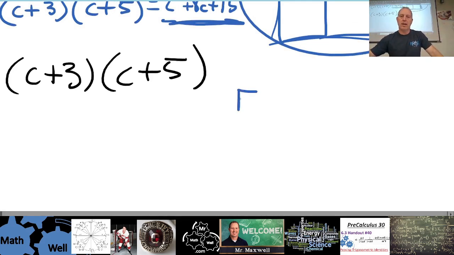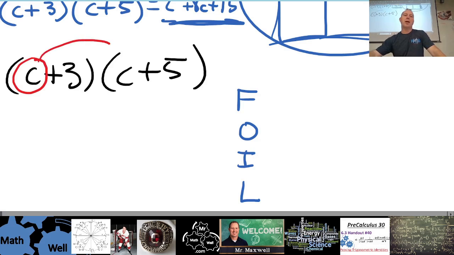So I'm going to start by writing FOIL, all capitals, downward like this. The FOIL method helps us remember how this distribution works. I always start with the first term and multiply it by the other first term. So the F stands for first terms.